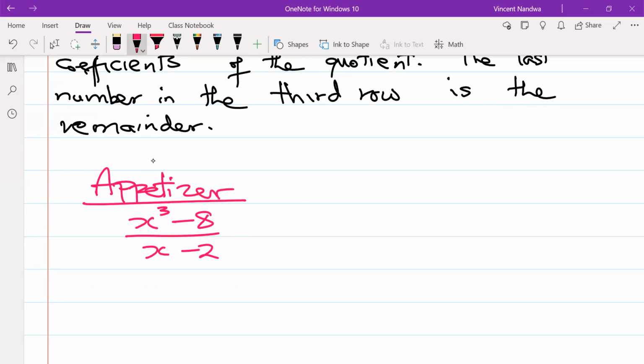Yes or no? Reason? It does. The divisor is in the form x minus k, so that applies.